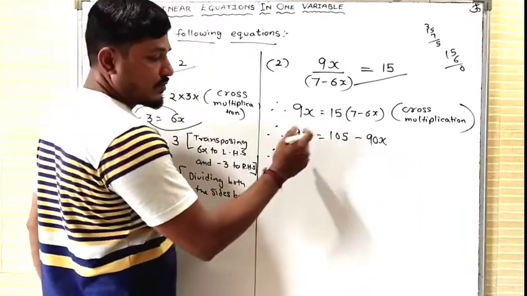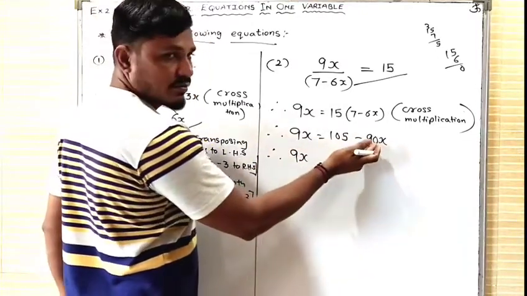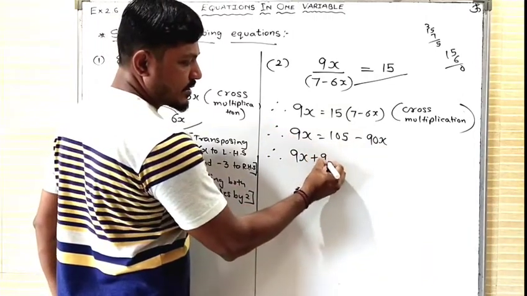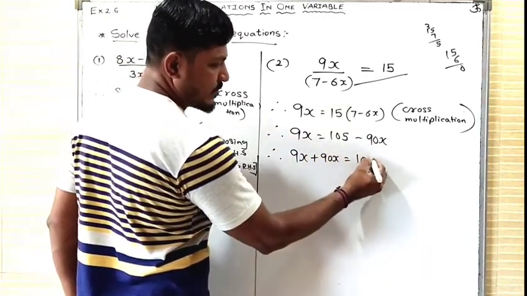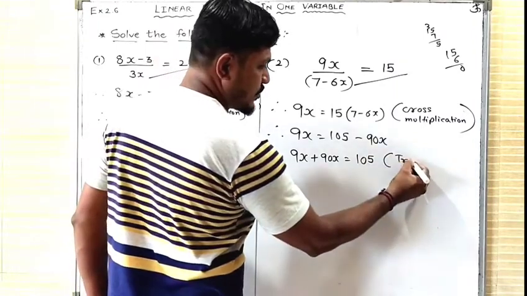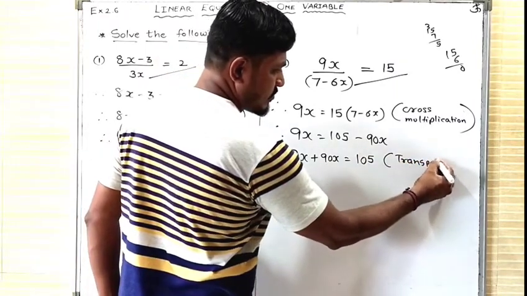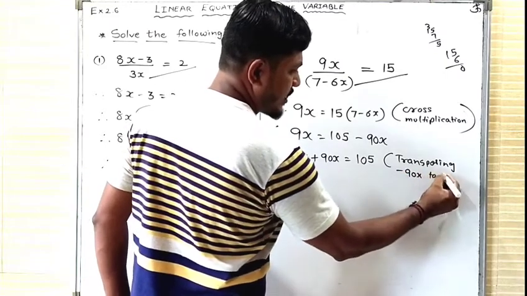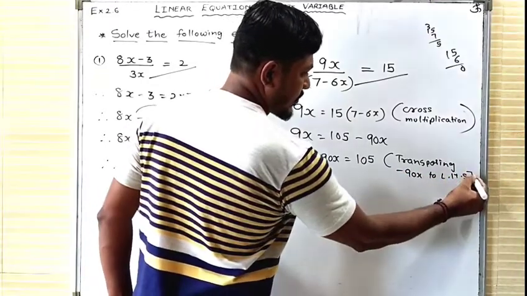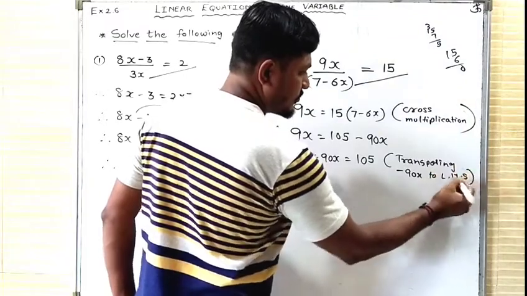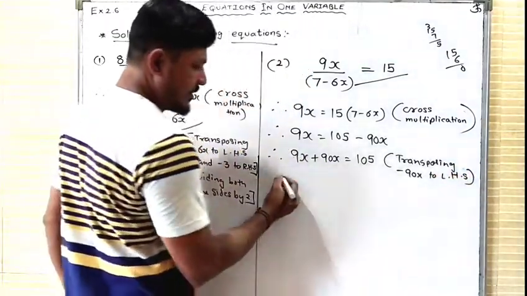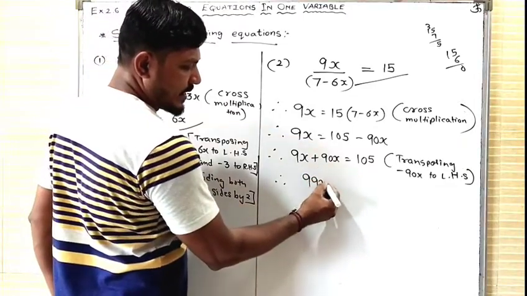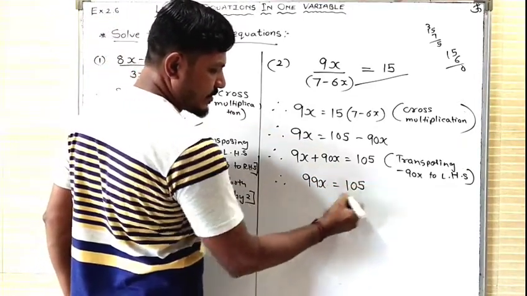Now transpose the value, that is 9x as it is. Try to bring variable toward one side, that is negative 90x. While transposing toward your left hand side will become positive 90x equals to 105. Write down transposing 90x to LHS. By doing such, now you have to add, that is it will become 99x and 105.